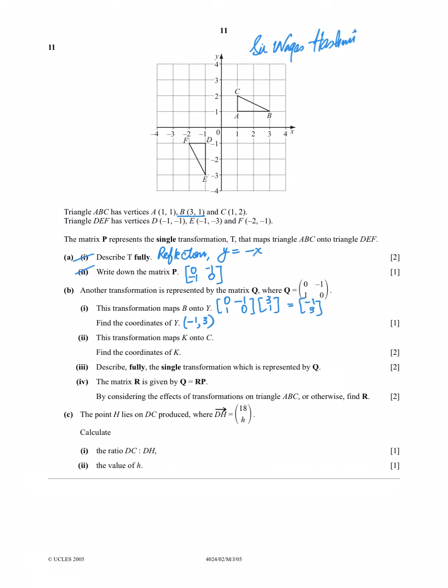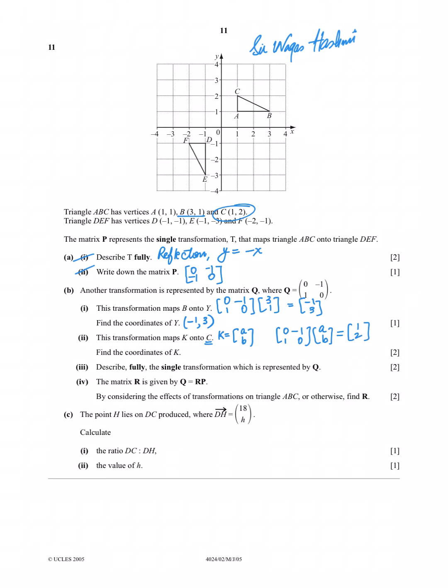Next one. This transformation maps K onto C. Write down the coordinates of K. We don't have the value of K, so let's suppose K is a, b, which is unknown, right? The transformation we have is 0, 1, minus 1, 0. This transformation applies on K, and the final result is C, and the coordinates of C we have are 1 and 2.